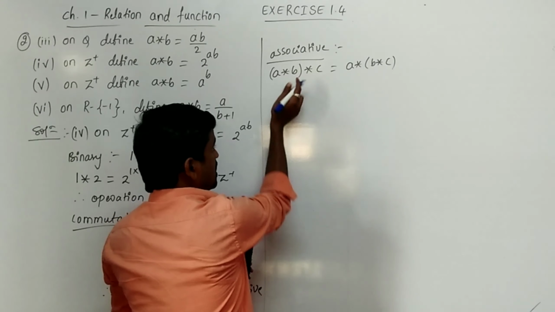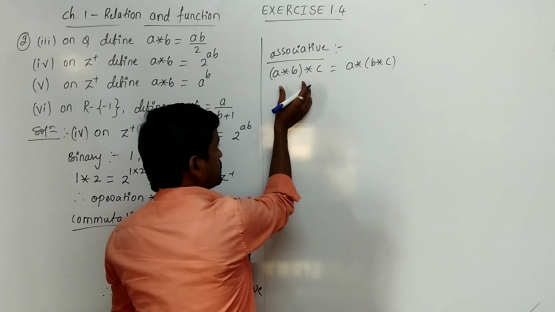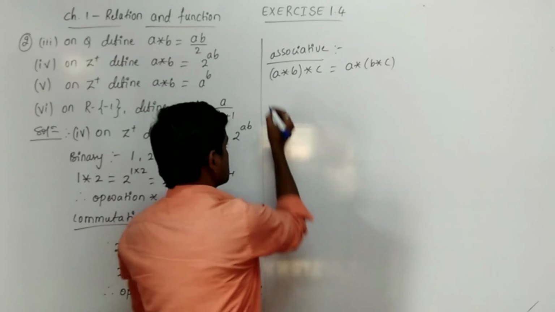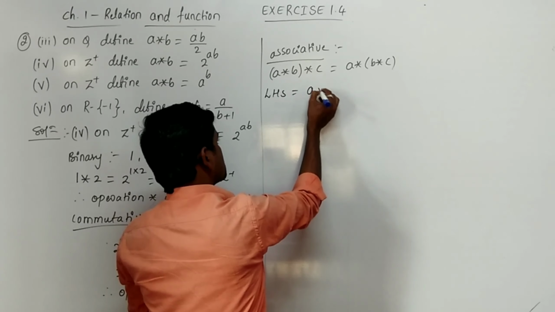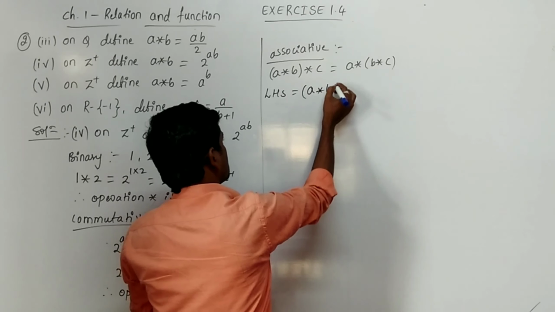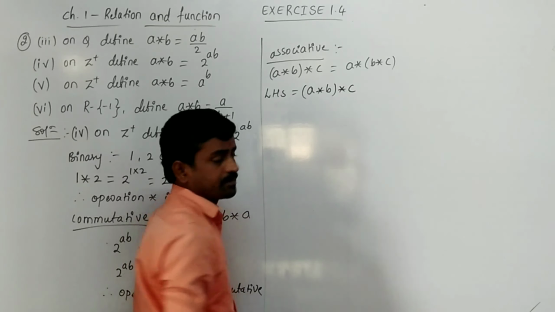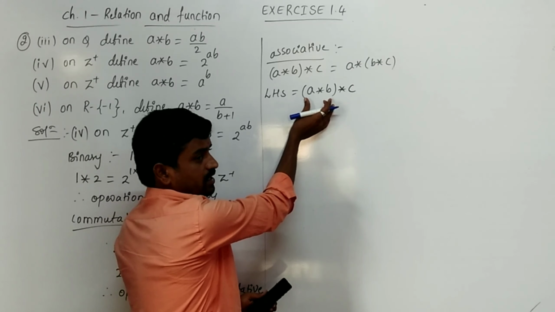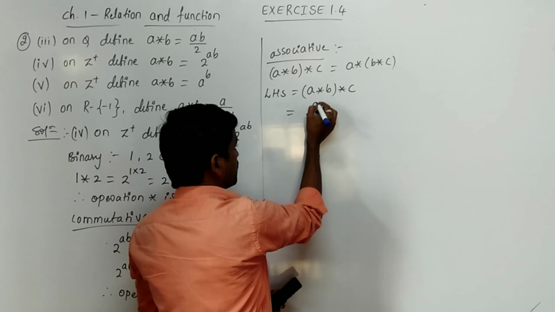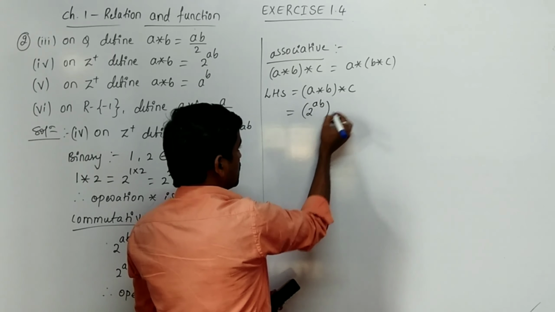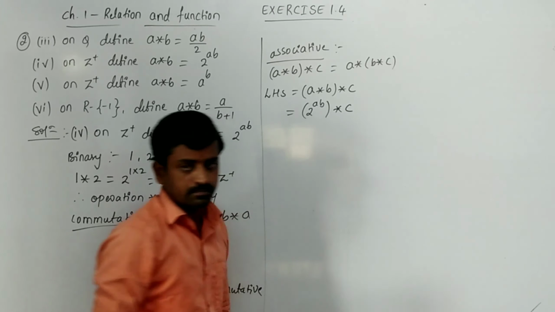Simplify LHS as well as RHS. First you take LHS. LHS is a star b star c. First you simplify the bracket. a star b is 2 to the power of a into b, again star c.